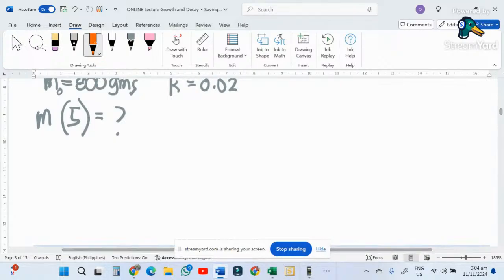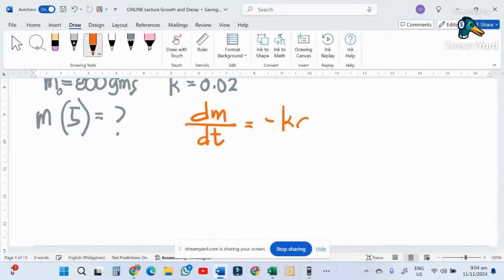Let's start again. So dm over dt is equal to negative k m.